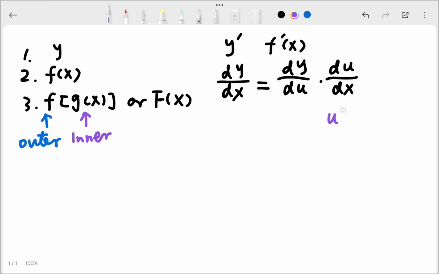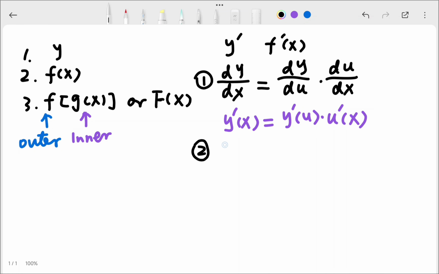So we can write this as u dash x using the other notation. And if you're more comfortable with this one, this can be written as this. Okay. Now, this is formula number one.